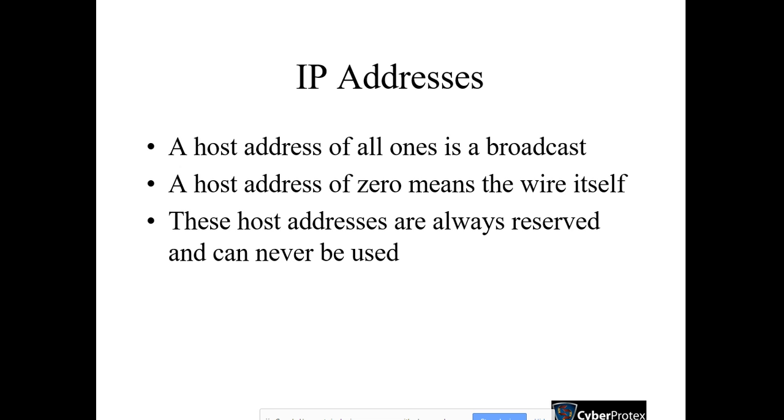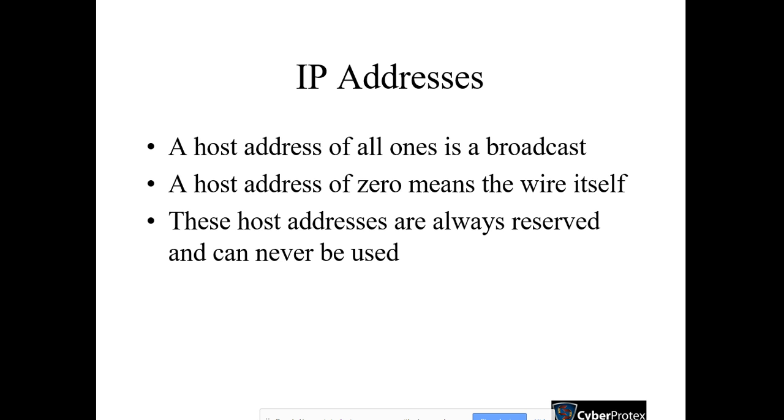A couple of different things that we always see show up on the exam are these right here, and I gave a couple of these on the pop quiz that I threw at you. A host address of all ones is called a broadcast. So that would be something like 192.168.1.255.